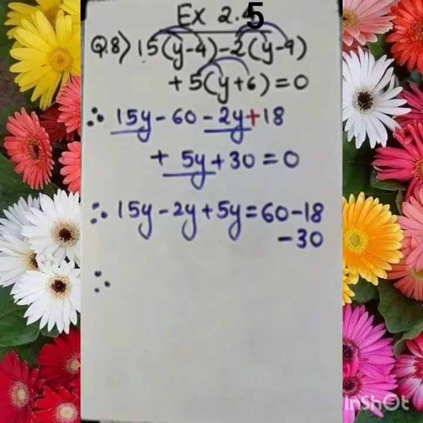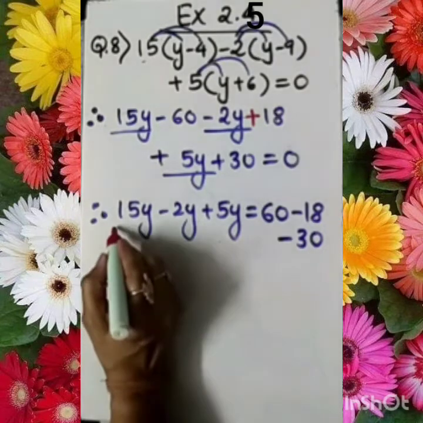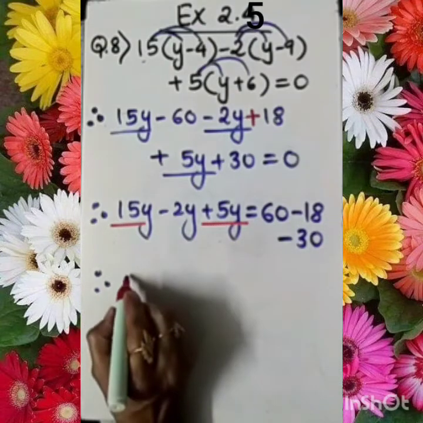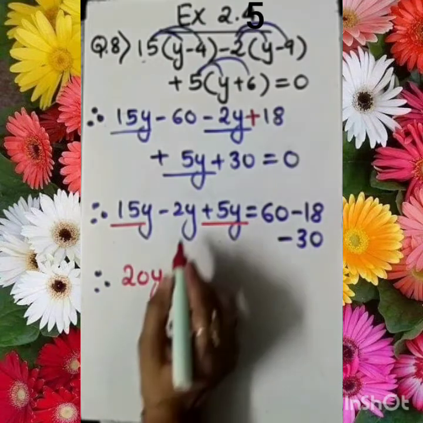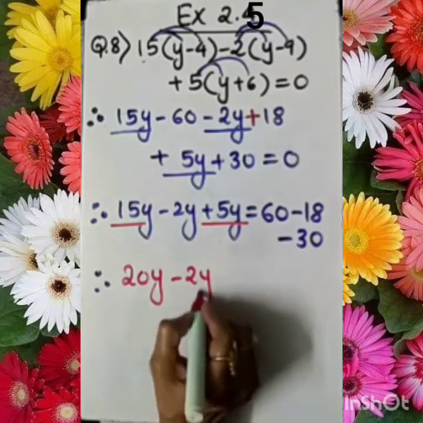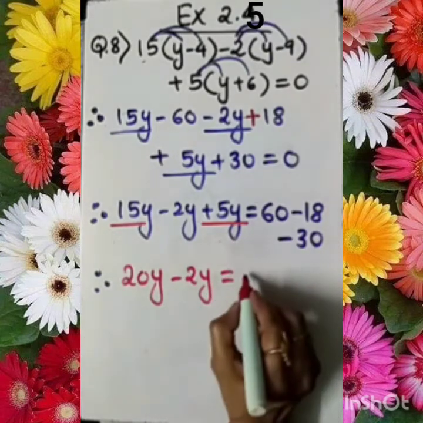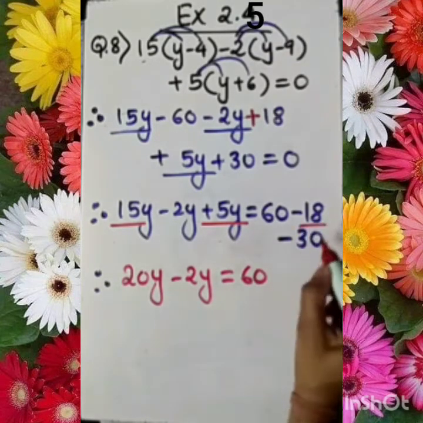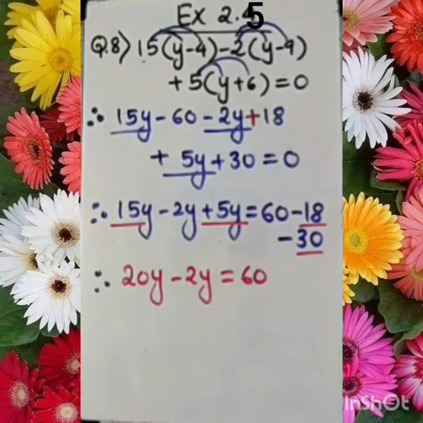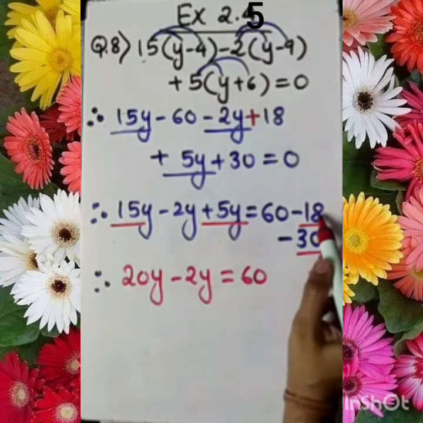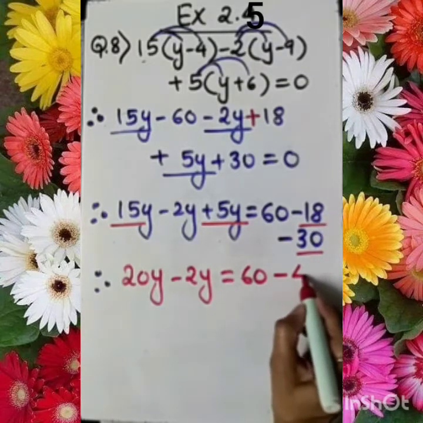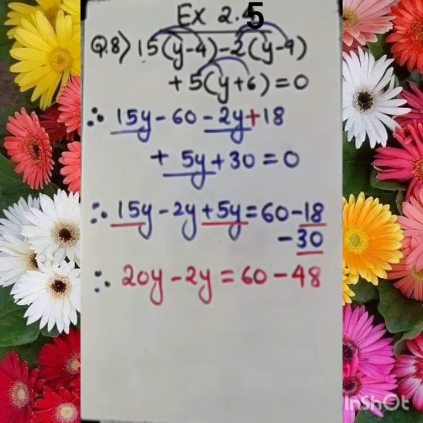As usual, you know dear student, 15y plus 5y is 20y, minus 2y, equal to 60, which is already there. Both of these terms are negative, same sign, addition. So minus 30 minus 18 is minus 48, same sign, addition.